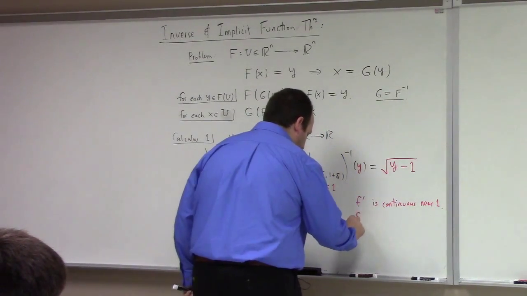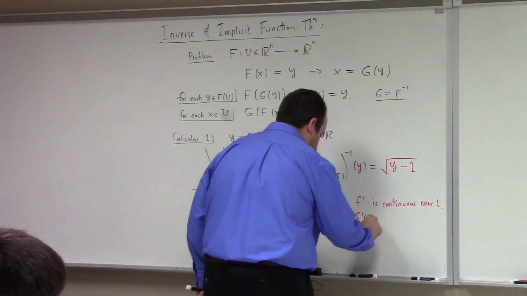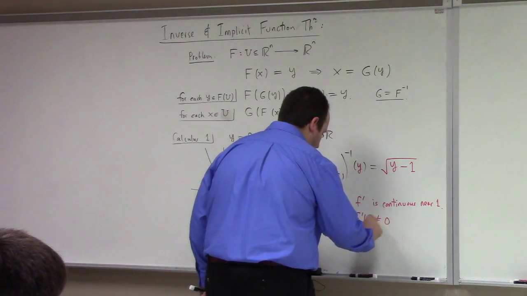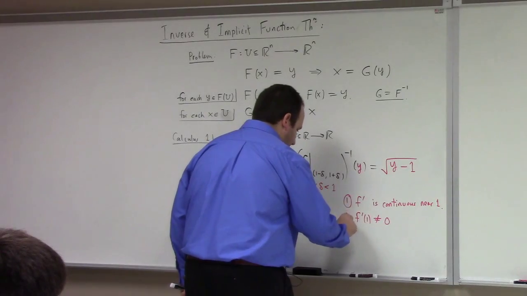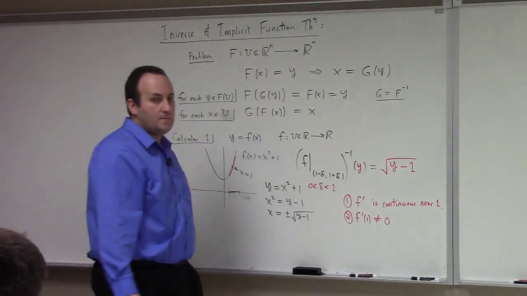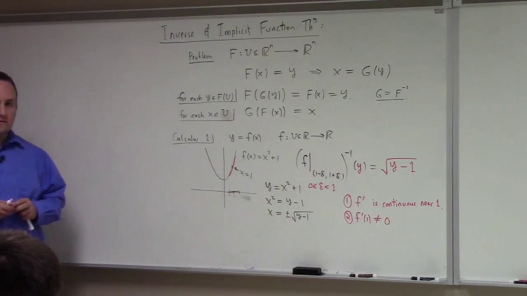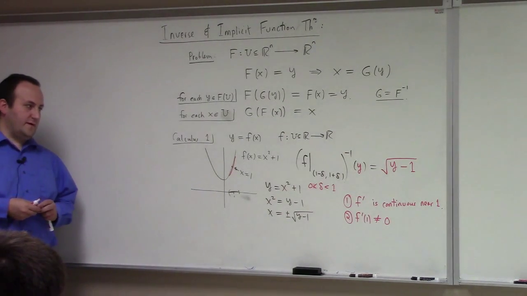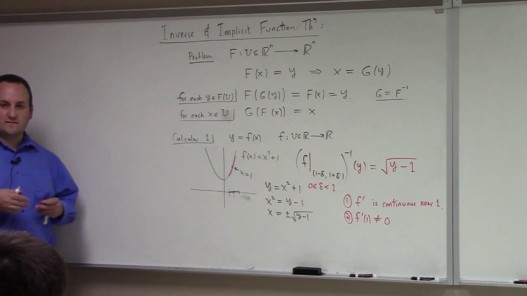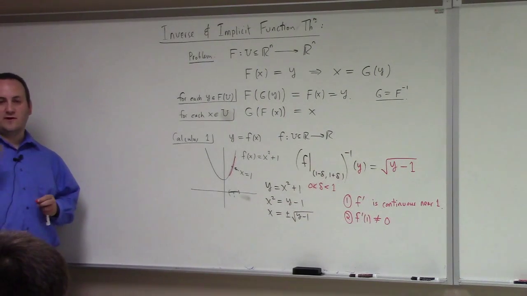And f prime of 1 is not equal to 0. So it's continuously differentiable, and the derivative is non-zero. Which, by the way, means that you can invert it. You can do 1 over the derivative, right?